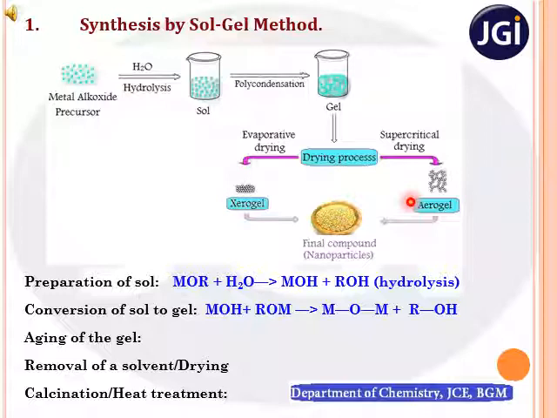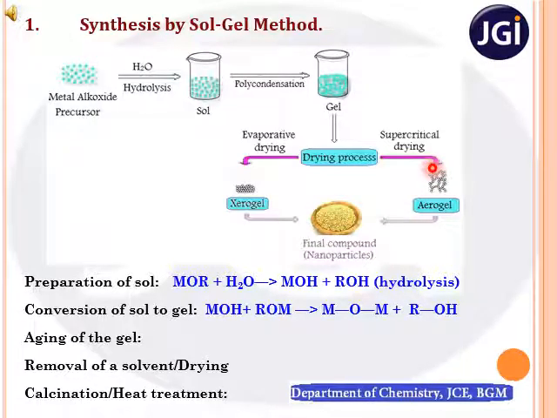If we keep the gel as such and try to evaporate the volatile solvents present in the gel, then we will get the xerogel. Or if we apply supercritical conditions to remove the solvents, then we will get the aerogel.